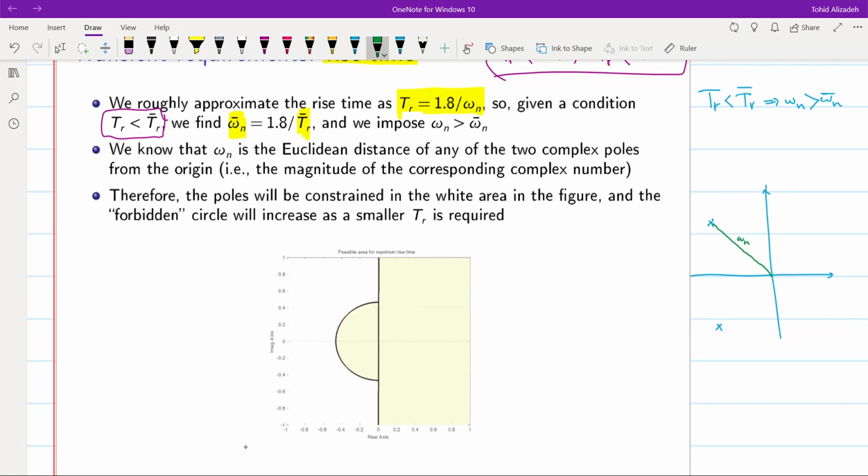If you want to have omega n bigger than omega n bar, then we need to draw a semicircle with the radius of omega n bar, and then the desired area for the poles will be outside this semicircle, because when the closed loop poles are located in this area, the omega n that we get for them will be bigger than omega n bar. So that's the desired region for having the closed loop poles of the system.